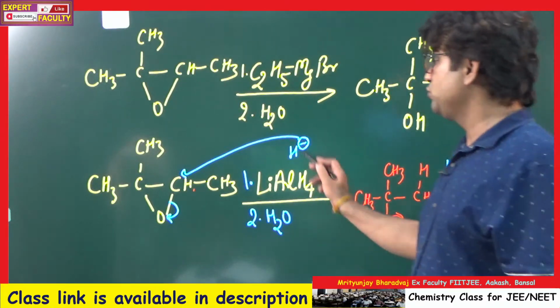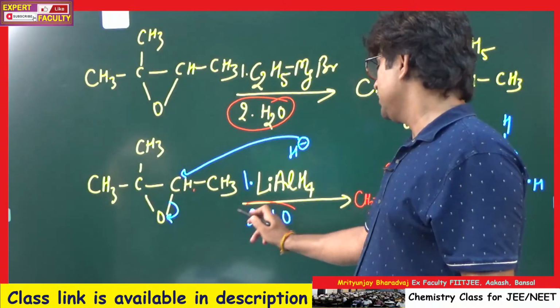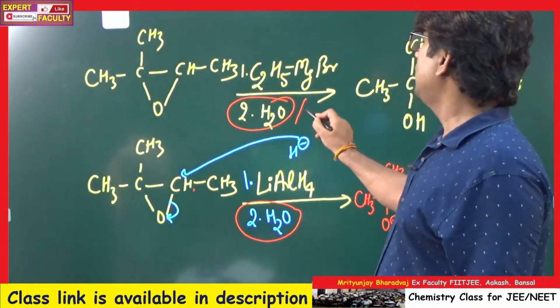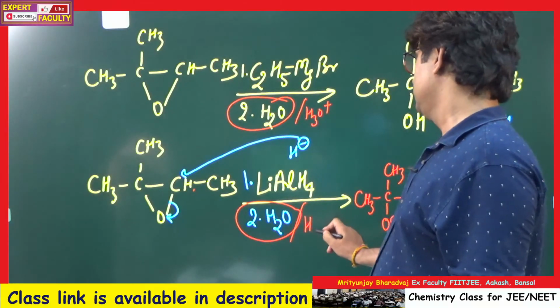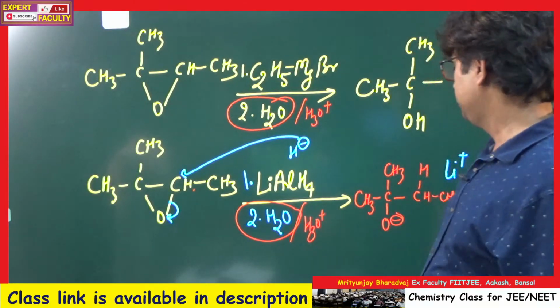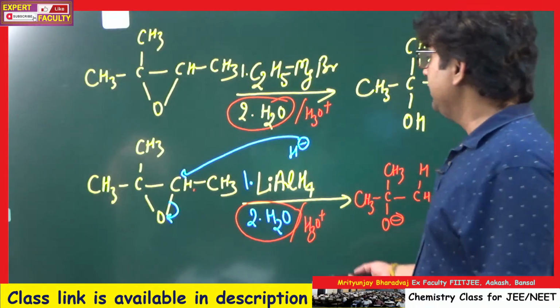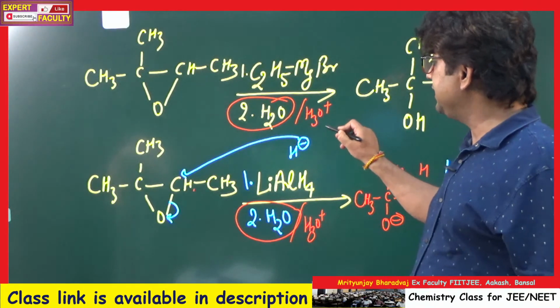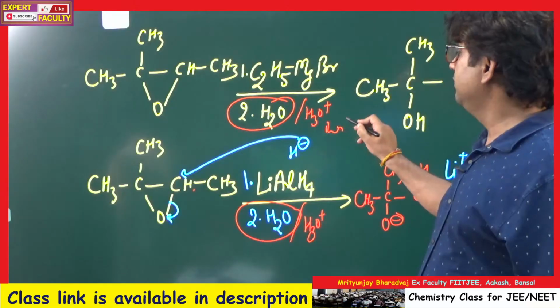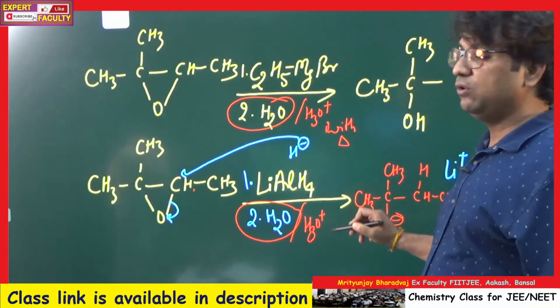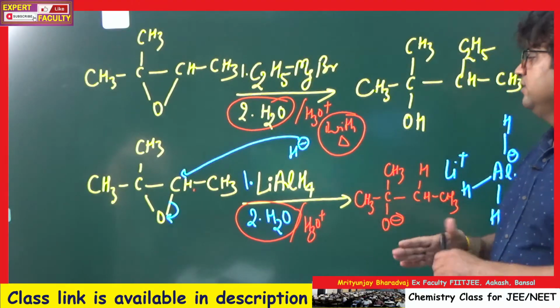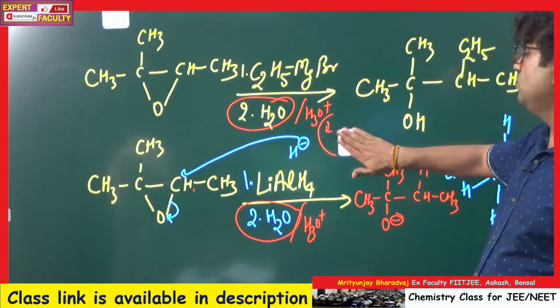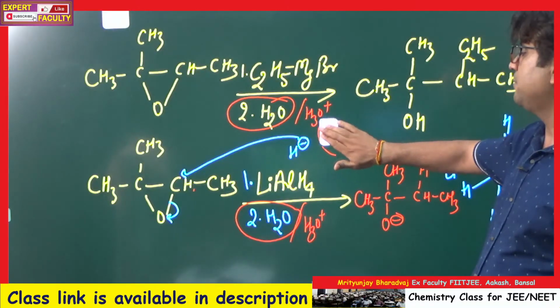Sometimes in place of H2O you may find H3O plus also. O minus will become OH. If there is H3O plus with heating, then we have to be careful. If simply H3O plus is written, it means they need to protonate whatever possible site is there.